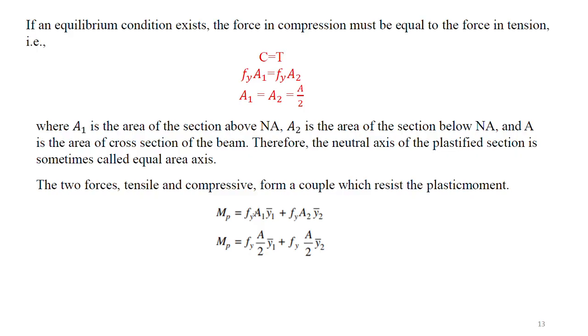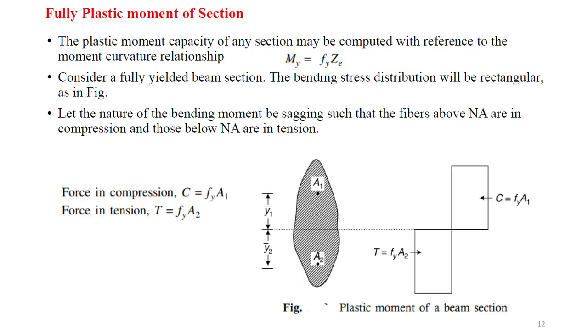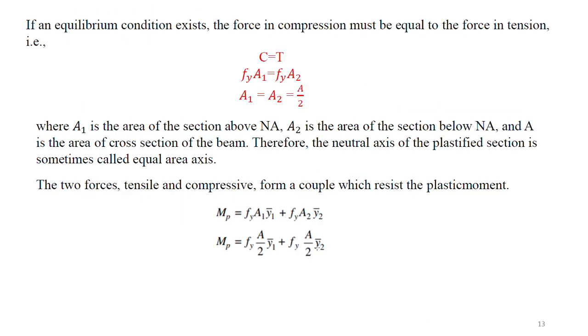In the upper case it is Fy into A1 into the centroidal distance Y1 bar, plus Fy into A2 into Y2 bar, the centroidal distance of the bottom portion, the tensile part of the section. These two give the maximum plastic moment taken by that particular beam.